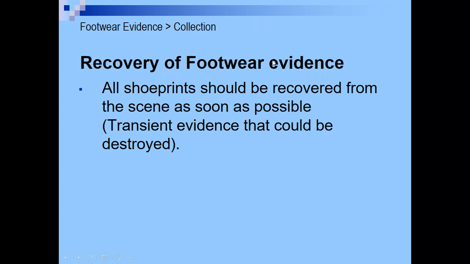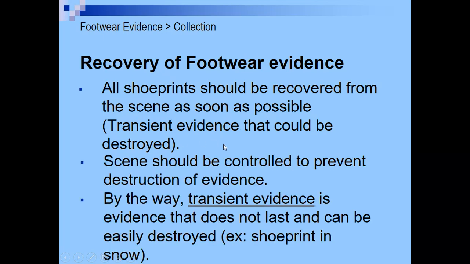All right, one other type of evidence that I want to talk about is evidence that's transient. This is evidence that is easily destroyed. I don't know if you're familiar with the term transient, but prior to teaching forensics, the only thing I knew about transient was it was used to describe people that did not have a permanent home, that they were kind of nomadic and they moved from one place to the other and didn't really have a permanent address. So transient means not permanent, evidence that can be destroyed.